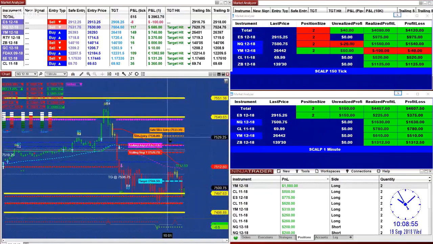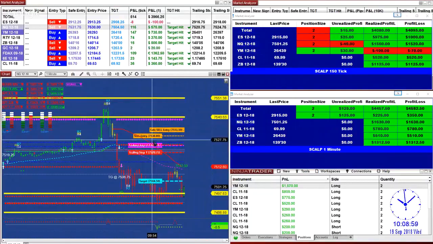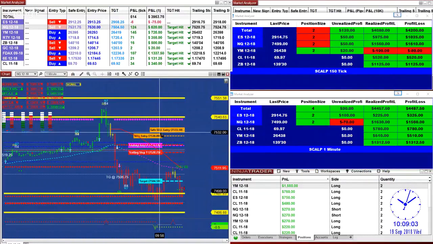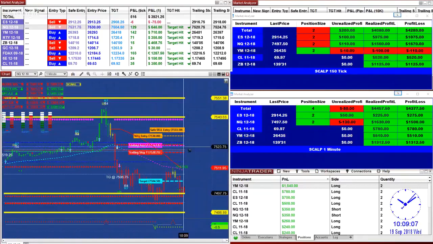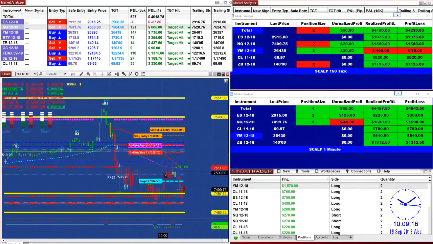The only time we're going to get a new long signal is if this Nasdaq is able to cross those areas here. As long as the Nasdaq does not cross those areas, we are going to re-enter the market short manually. You can enter it manually because the auto trade's job is over. It took that trade from the signal to the target.